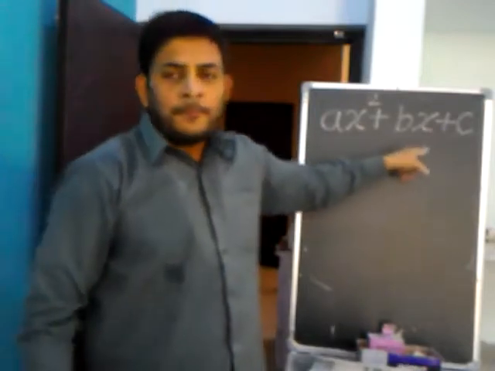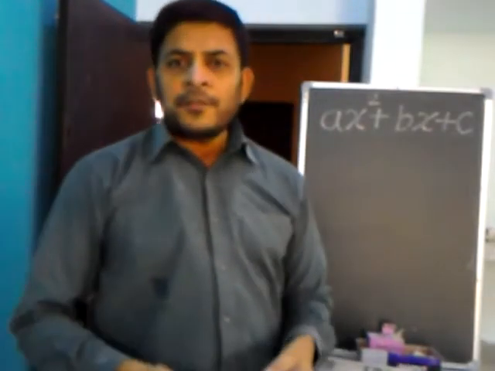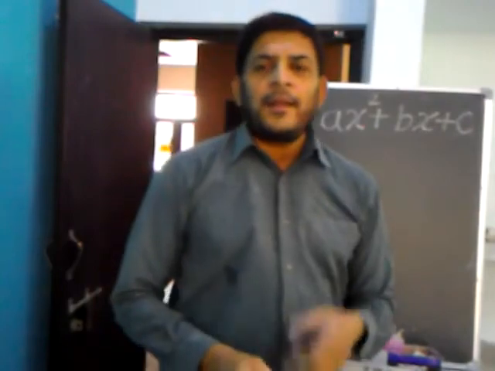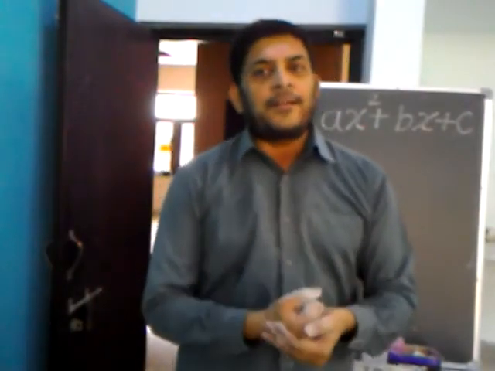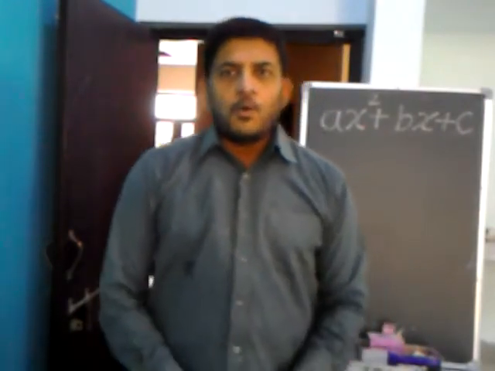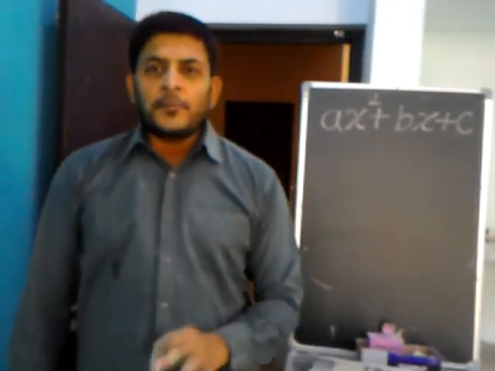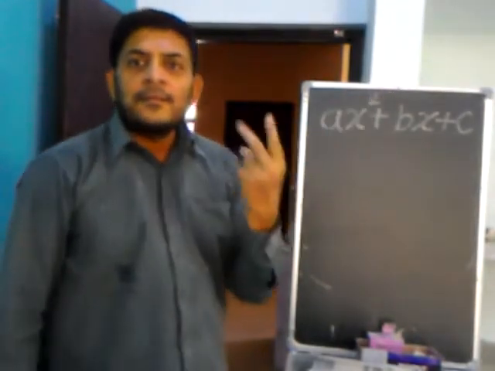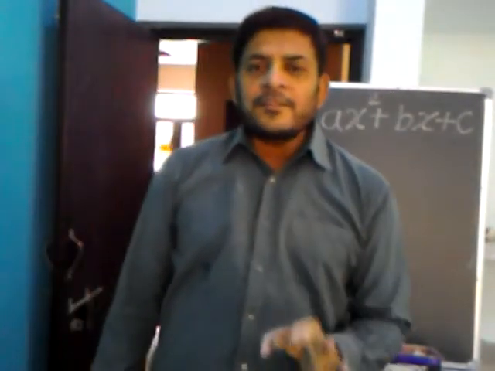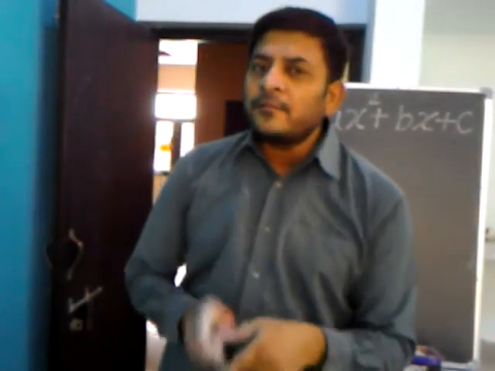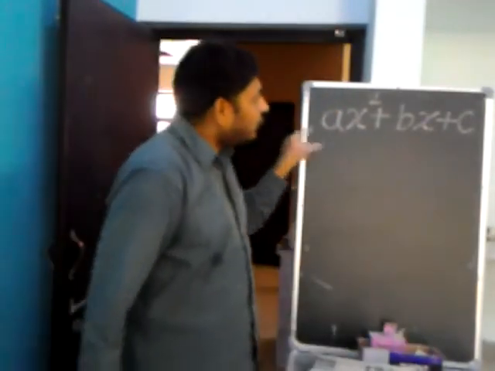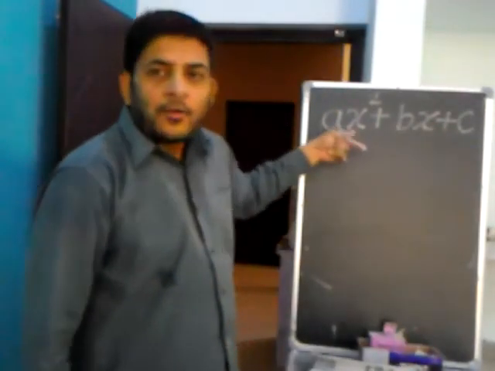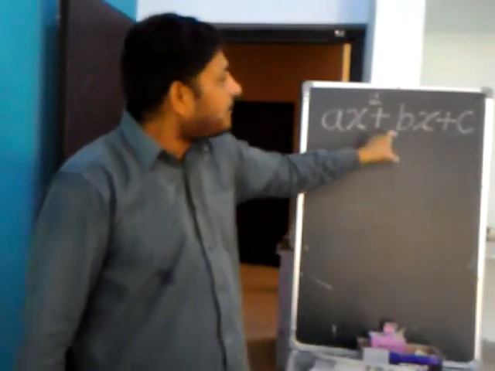Quadratic polynomials are those polynomials whose highest power is 2. So this is the general form of a quadratic polynomial: ax square plus bx plus c.